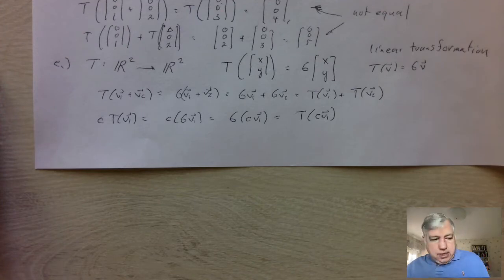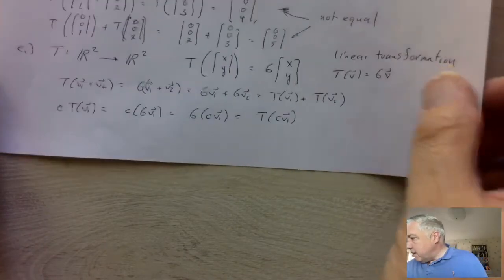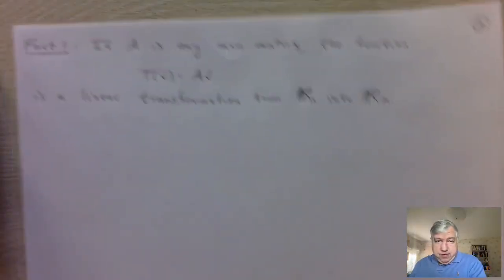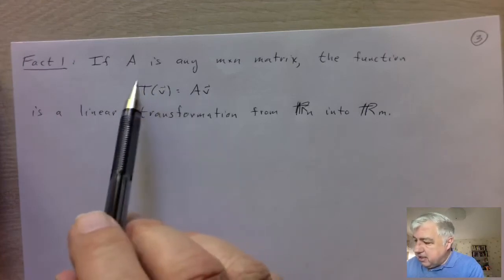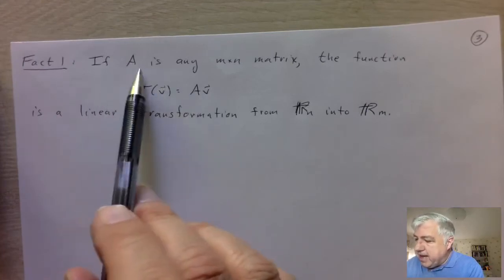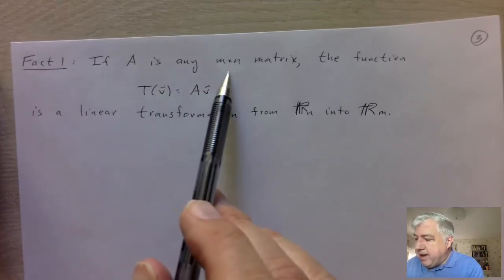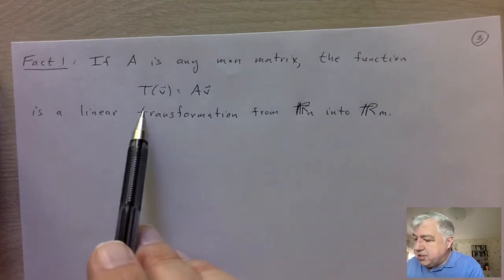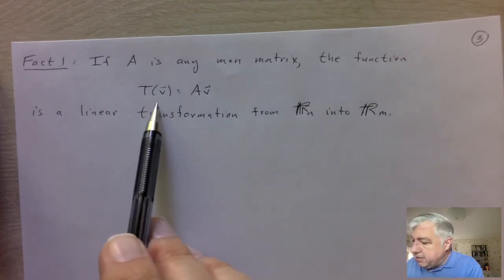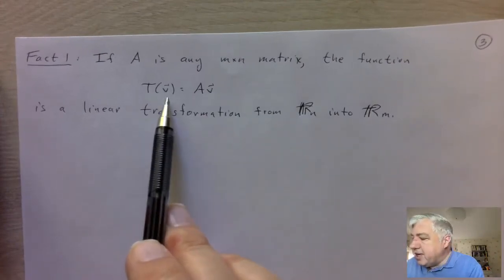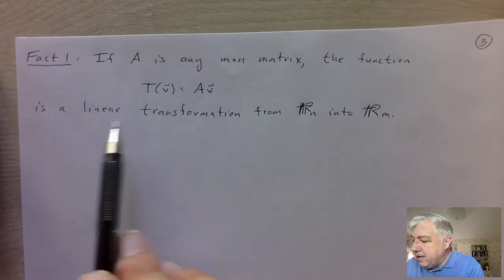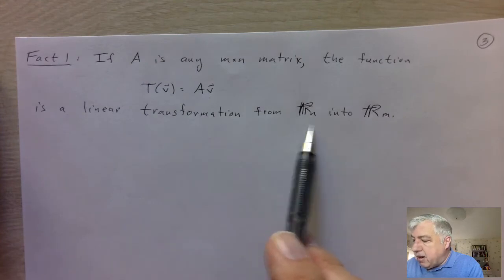Now another linear transformation can just be multiplying a vector by a matrix if it's the right dimensions. So we come to our first fact of this lecture. If A is any m by n matrix, then the function T defined by T of v equals Av is a linear transformation from Rn to Rm.